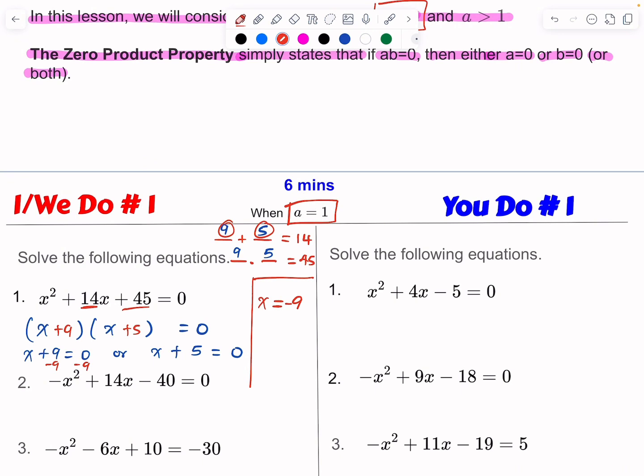And here, if I subtract 5 from both sides, x would be equal to negative 5. And that would be the solution to that equation.